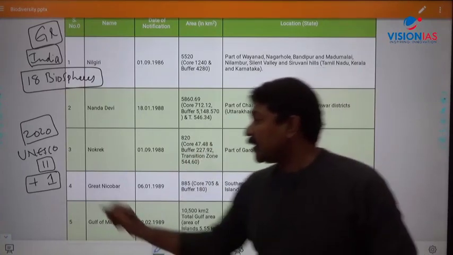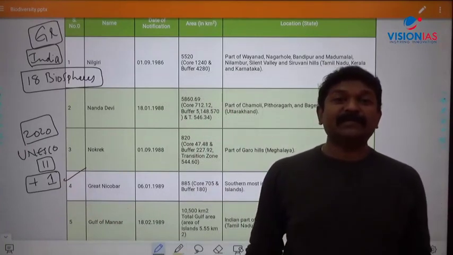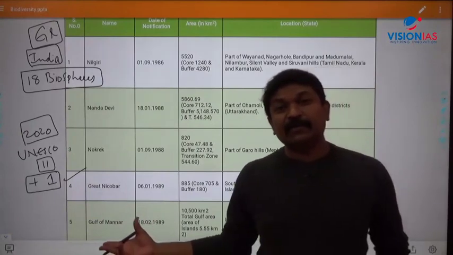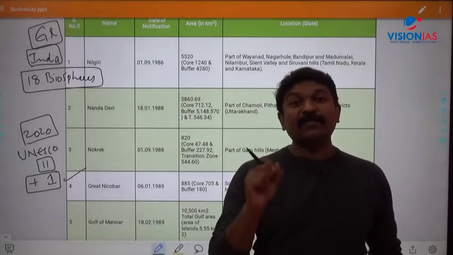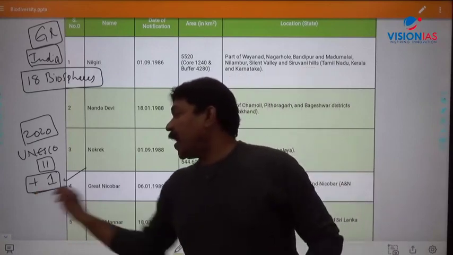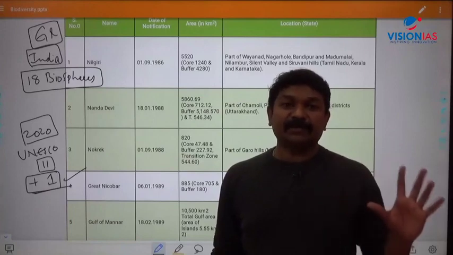When it announced this Indian Biosphere Reserve as a World Biosphere Reserve, definitely this can be a question for you in the preliminary exam this year. What is the name of that newly added Biosphere Reserve in the World Biosphere Reserve? You need to pay attention to that.